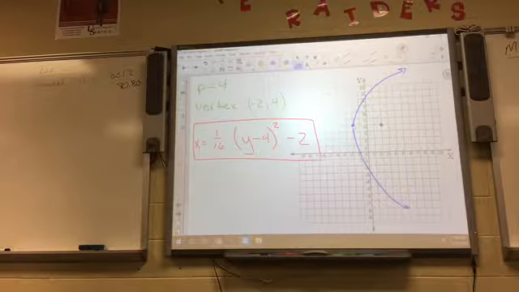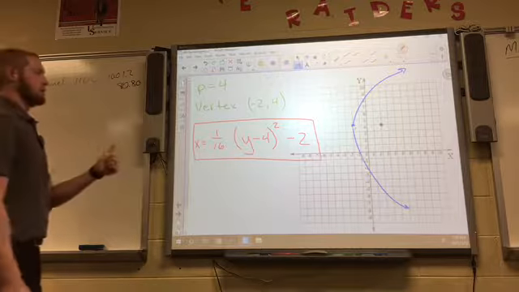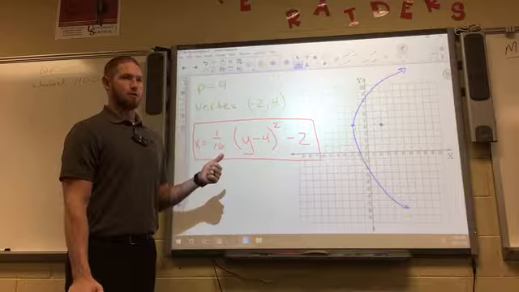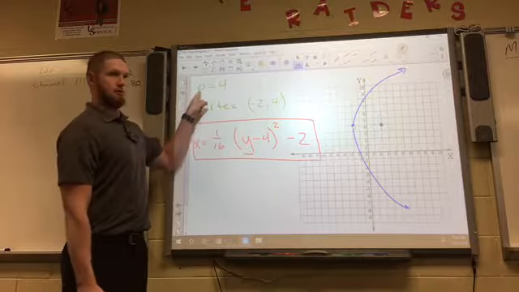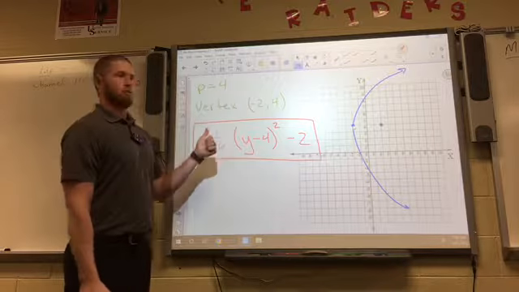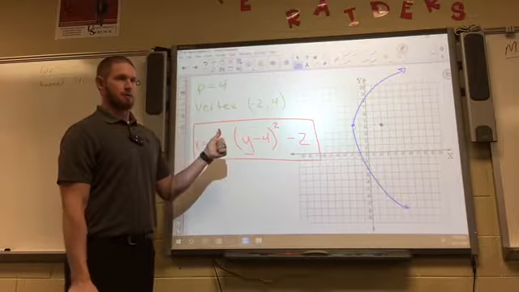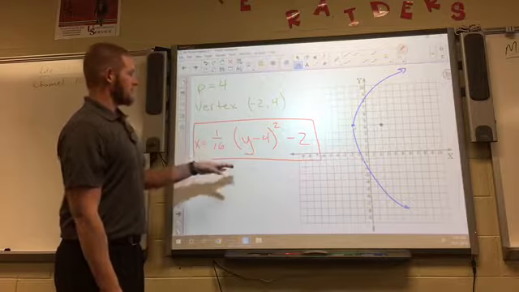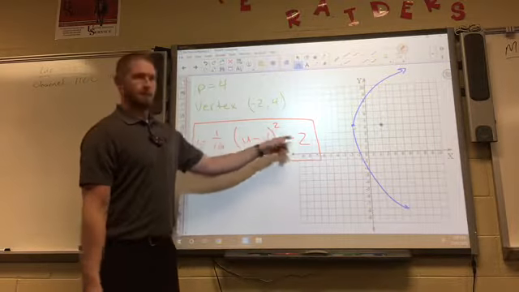What you need to write the equation: one, you need to know how far the vertex is from the focus. That's P, the distance from the vertex to the focus. And you need to know where the vertex is at. If the vertex is at the origin, you don't have to do all this minus and plus stuff.